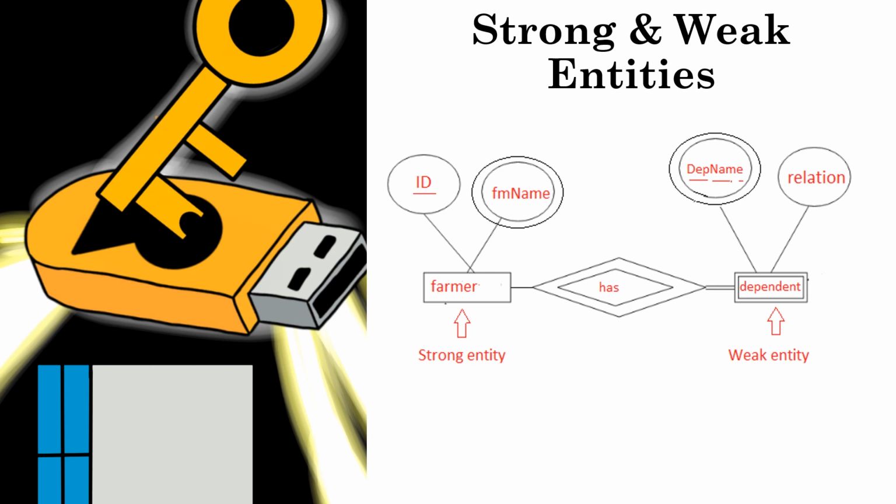So farmers has dependents, and the ID is the primary key, which is represented with an underline. The dependent's name, or the dep name, in the dependent entity is what we call the partial key, which is represented with a dotted underline.